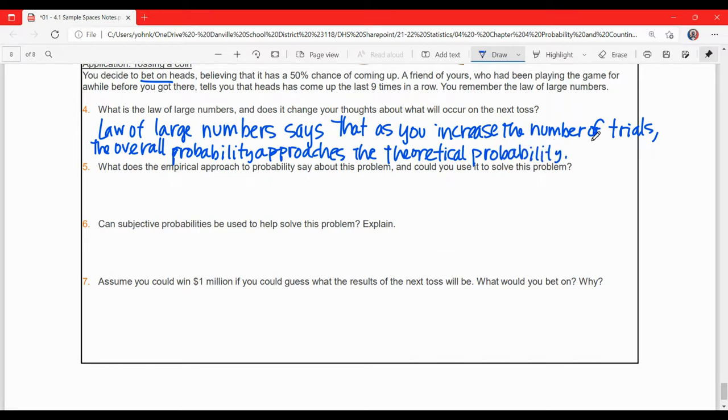This means that if you go based on the law of large numbers, everything is going to approach the proper outcomes if you repeat it enough. So this is not going to change your opinion because you know that it's a 50-50 shot of coming up as heads. So this does not change your opinion.